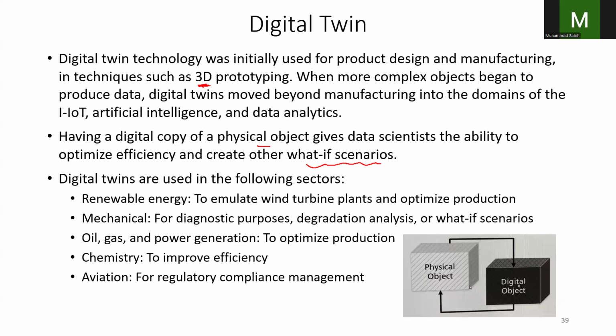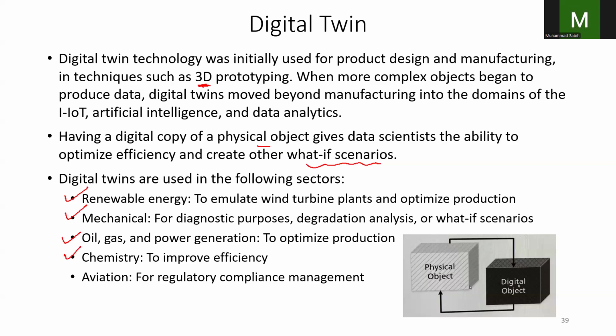the actual device. Today, digital twins are used across multiple sectors. In renewable energy, we can simulate wind farms to optimize power generation. In mechanical systems, we can do fault diagnostics, degradation tracking, and scenario testing. In oil and gas, we can improve the efficiency of power generation plants.